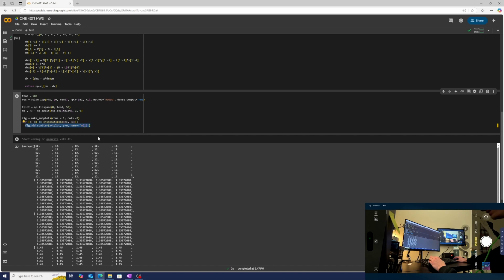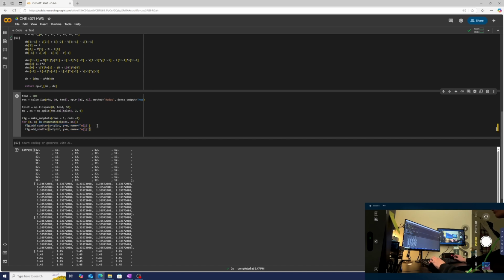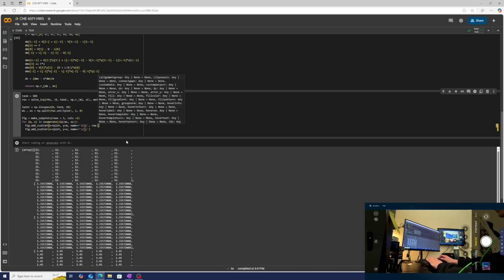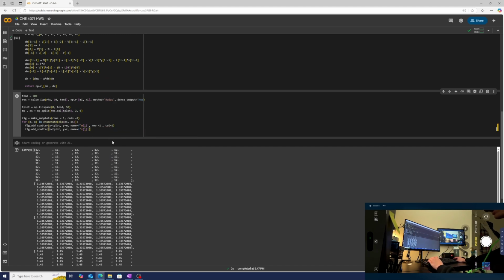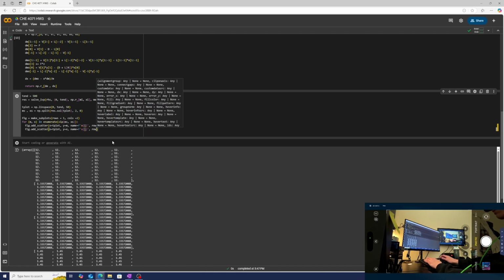And again, do the same thing, but add our x's, and then we also need the position, so row 1, column 1, and then here will be row 1, column 2.